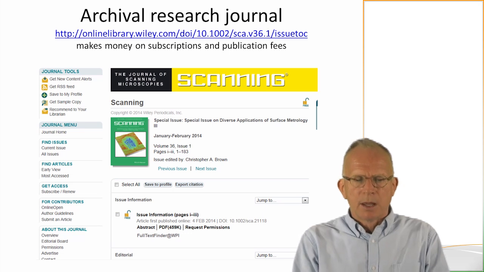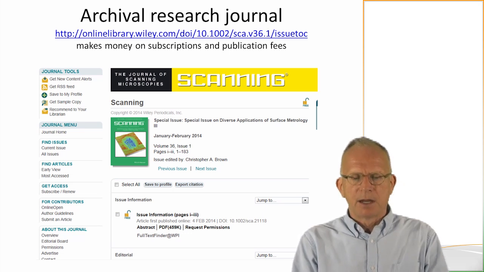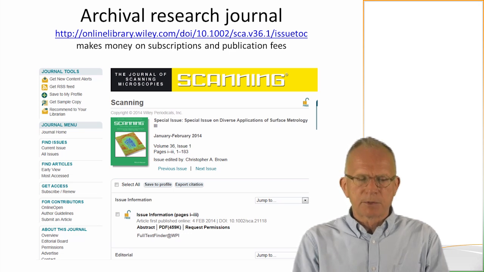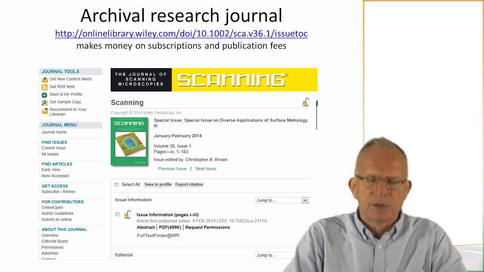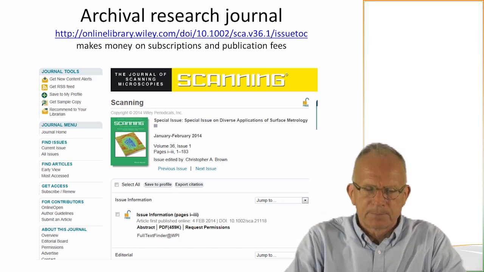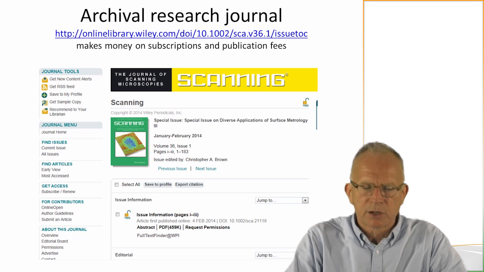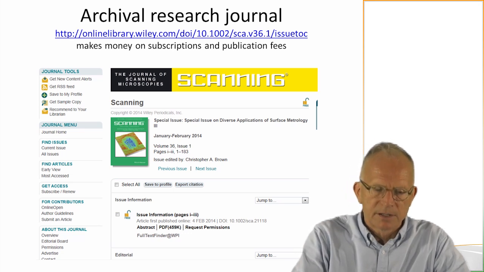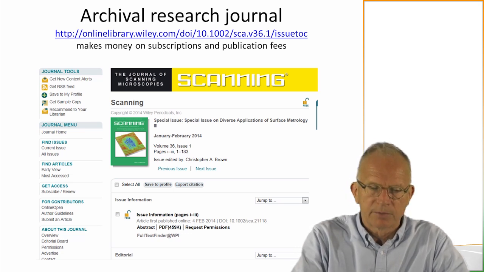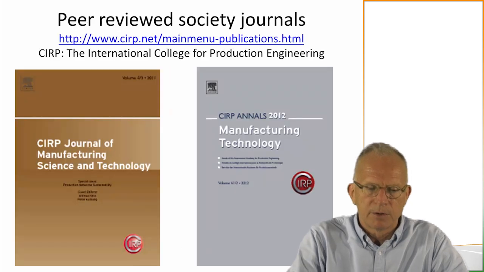So this one is Scanning, and we've published things in here on surface metrology, so this tends to be more useful for us in looking at surfaces. This happens to be an issue that I was involved with, but this is peer-reviewed.